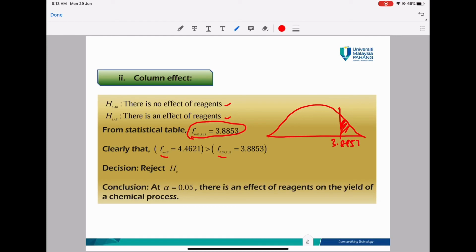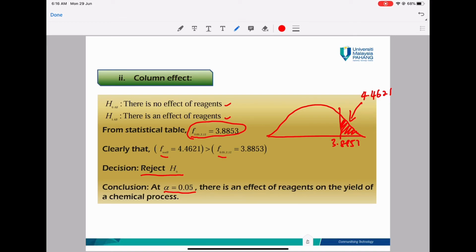This is your rejection region, and your F test falls into the rejection region, 4.4621. So your decision is clearly reject null. And lastly, your conclusion is at alpha 0.05, there is an effect of reagents on the yield of the chemical process.